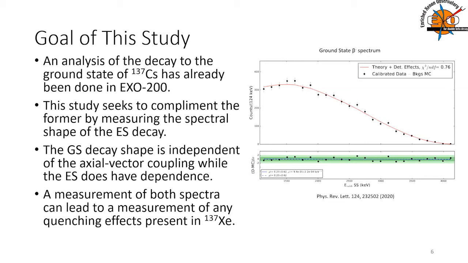The reason we want to do this is because the ground state decay from theory does not have any dependence on axial vector coupling, whereas the first excited state does have a dependence on the axial vector coupling. So if we measure both of these beta spectra, we can compare the shapes, and it should lead to a measurement of any quenching effects present in xenon-137.